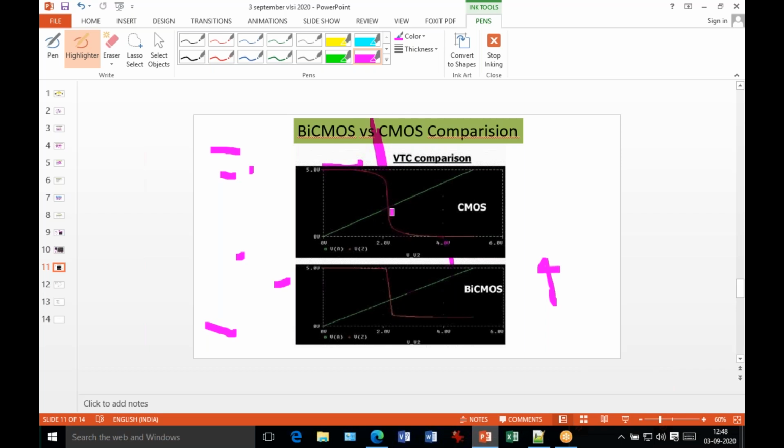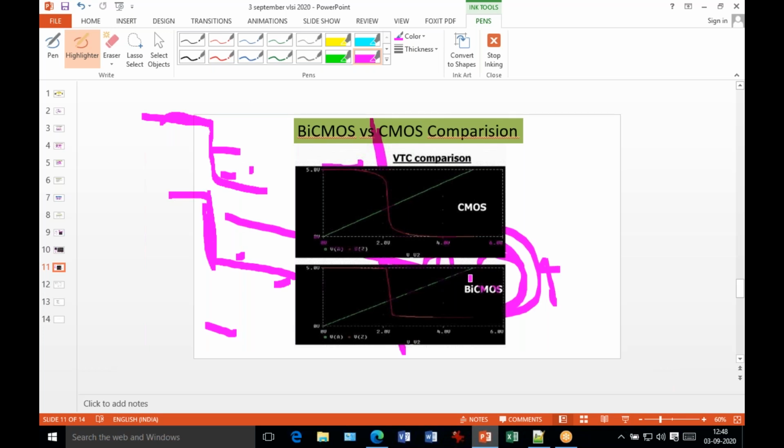But here the curve is very, very smooth in case of BiCMOS.